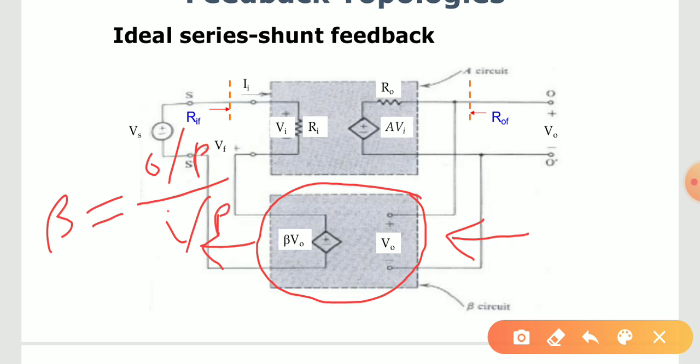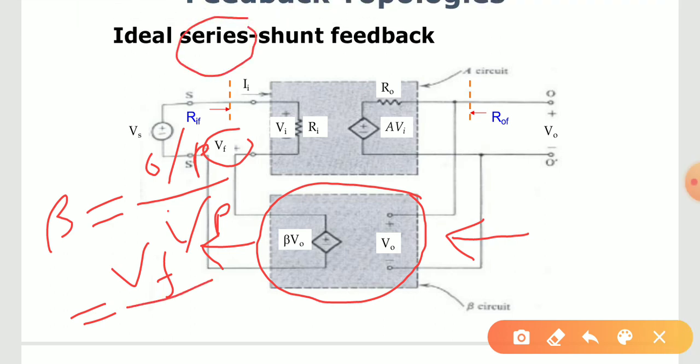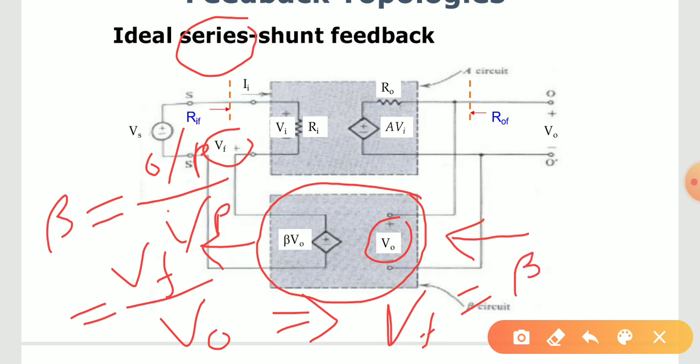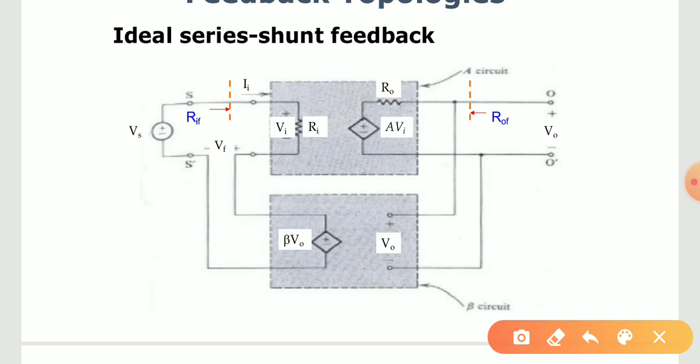So the output is here defined as V of F, as the output voltage, because you are applying V of F due to series mixing. So this is V of F by input, which is defined as V of 0 due to the sampling. So what will be the value of V of F? V of F is equal to beta into V0, and for this reason it is written that the induced voltage will be defined as beta into V0 for the value of V of F.